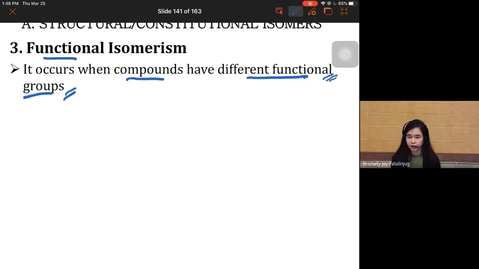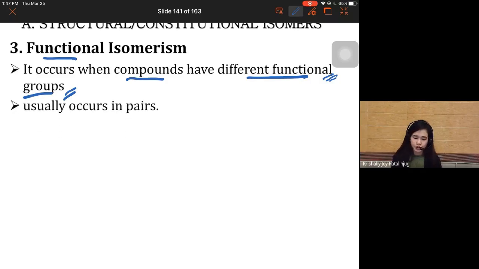Ayaw mo malibog sa position o sa functional isomerism. Kasi sa position isomerism, dapat the same functional group being presented, nagkakaiba lang sa position ng functional group. Kapag functional isomerism, yung isang molecule, iba yung functional group, and the other molecule, iba yung functional group being presented.